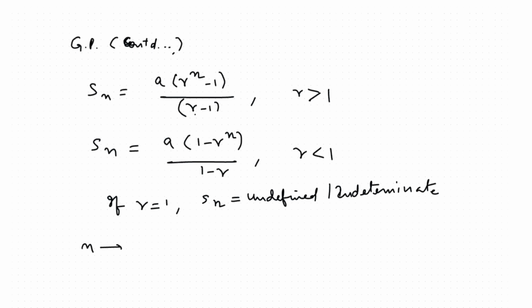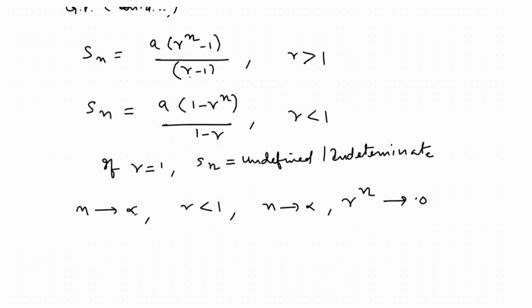That means we want the sum of this series for infinite terms, and r is less than 1. Since r is less than 1, as n tends to infinity, r raised to the power n tends to 0. So this expression would become S infinity = a(1 - 0)/(1 - r).